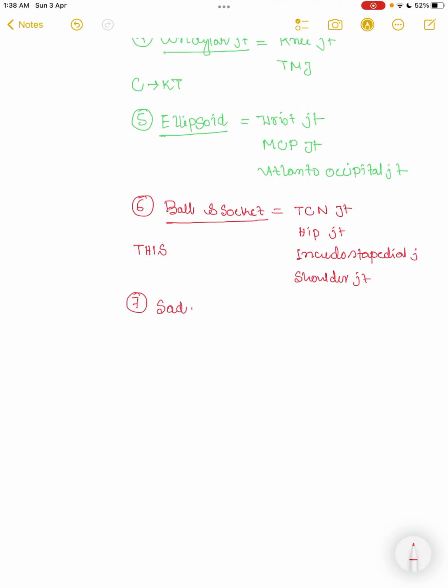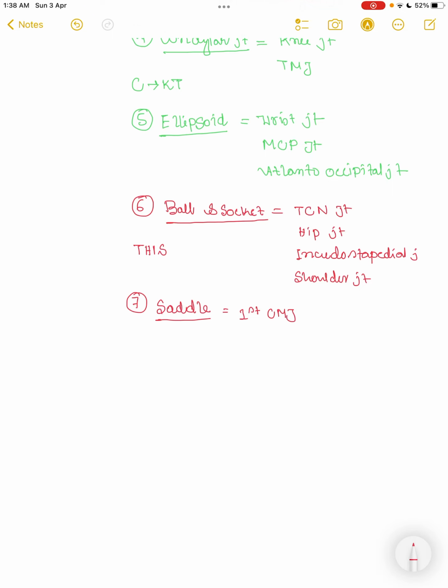And I already told you that the first carpometacarpal joint is not an example of a plane synovial joint. So in the case of saddle, this is the first carpometacarpal joint.